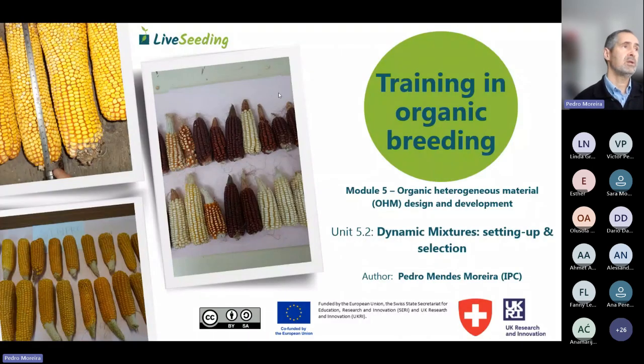And back to the first slide again, I wanted to talk to you about the populations. In this picture, we have some of the materials that we have used.